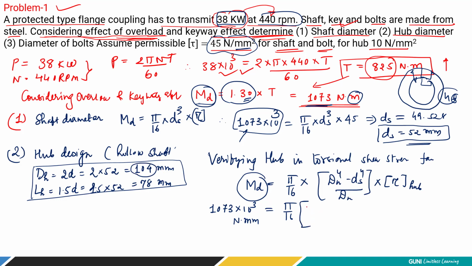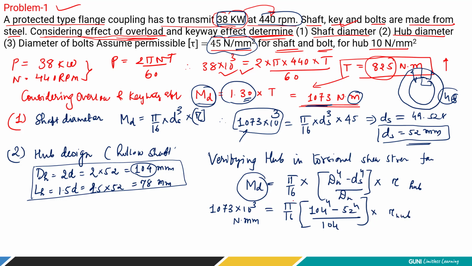That we found out by taking proportion in terms of shaft dimensions, right? So 104 raised to 4 minus shaft dimension 52 raised to 4th power, divided by 104.